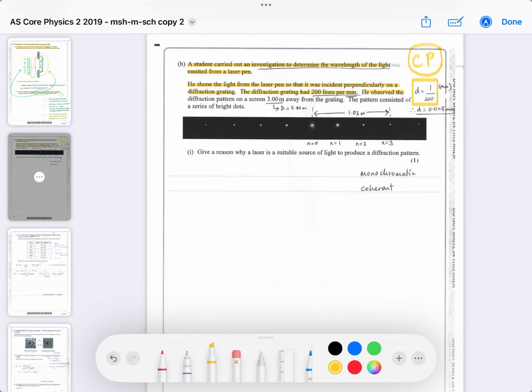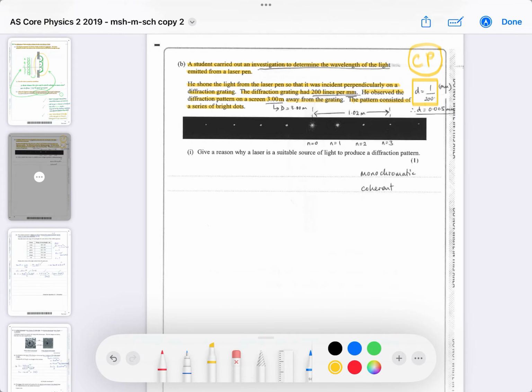He observed the diffraction pattern on a screen 3.00 meters away from the grating. So the screen distance was 3.00 meters, which is common. The pattern consisted of a series of bright dots.